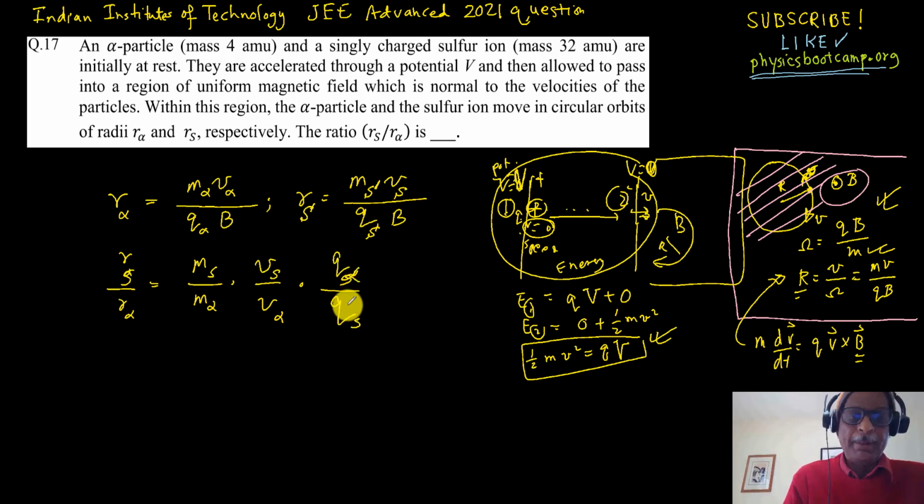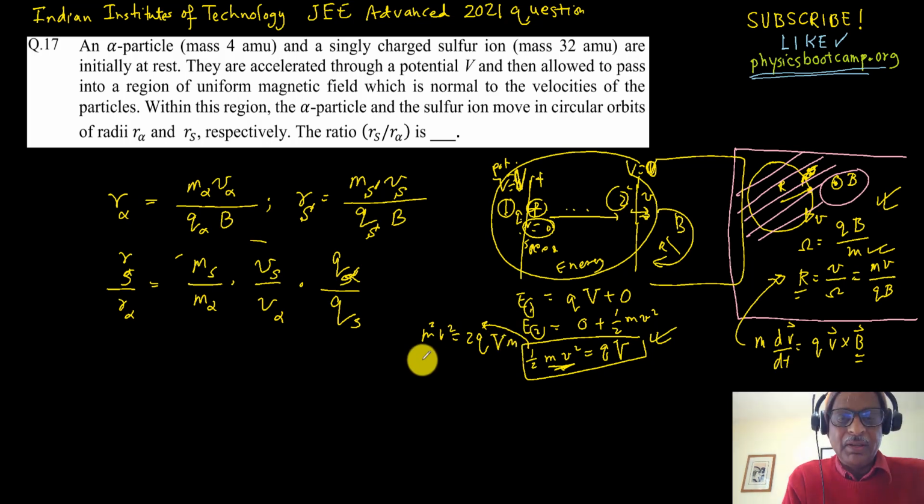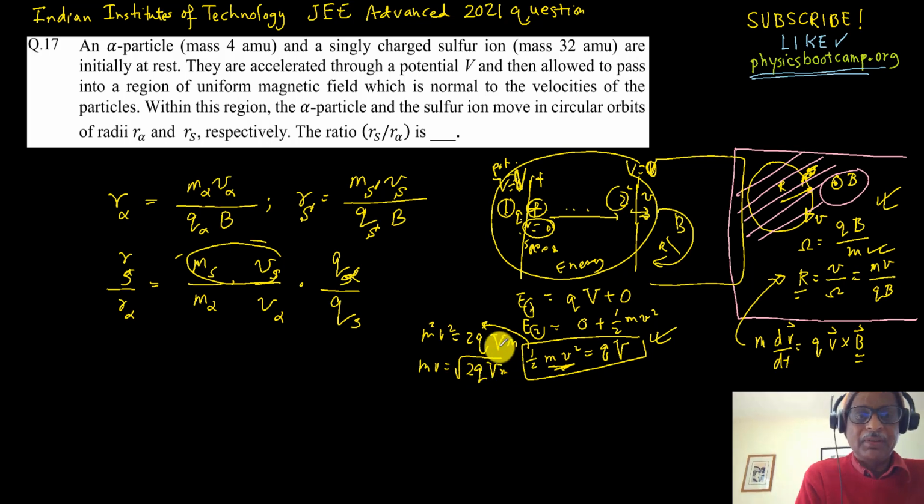Now we know this combination m v, and maybe it's better to rewrite this like m v squared is 2 times qV, and let's multiply with m. So m times v, this combination, is the square root of 2 q V m.